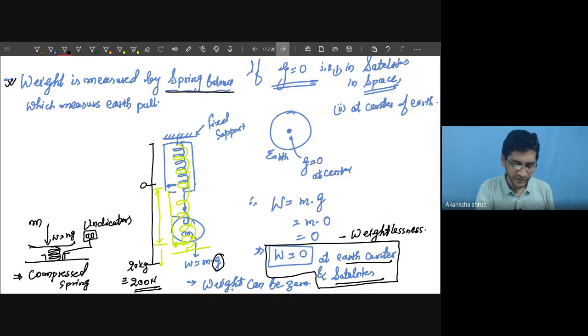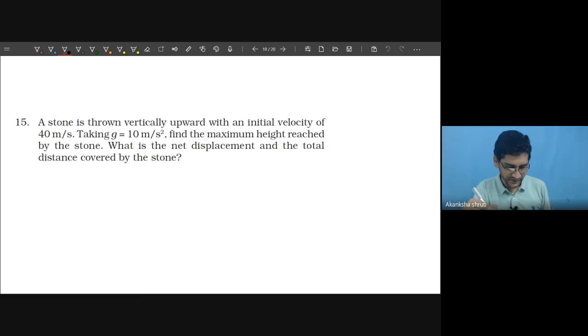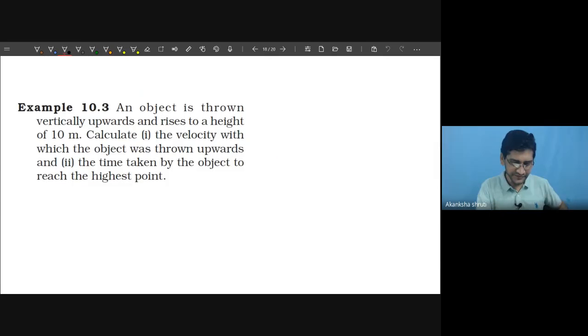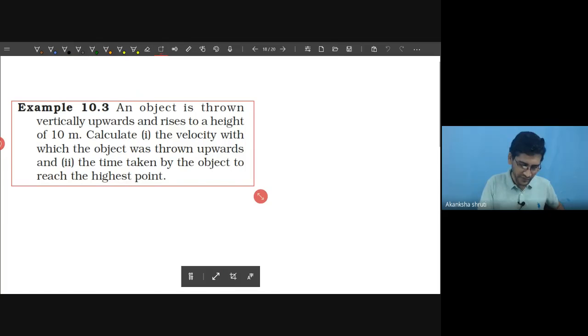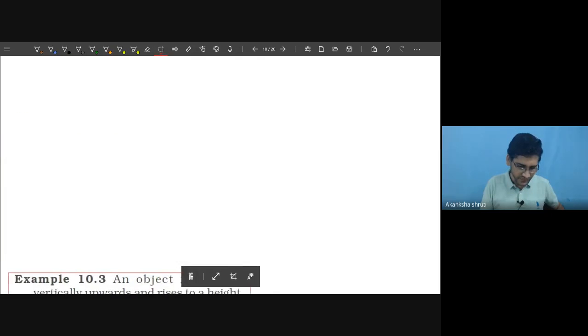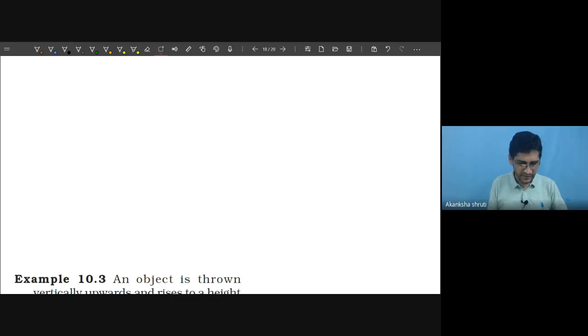Students, questions are asked. The questions are very simple. So that you just do one question based on mass and weight, let me frame a small question.